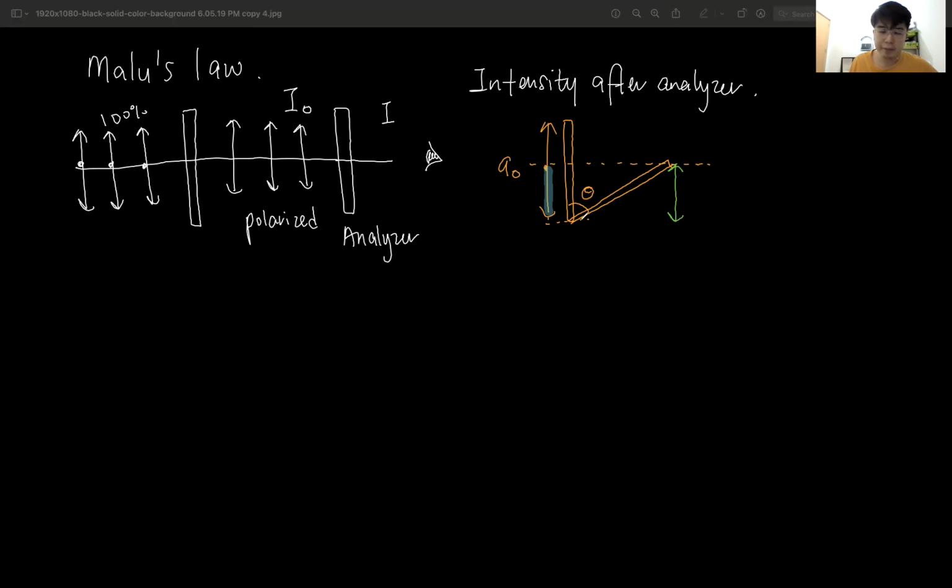Now let's call this amplitude A. That is the one that passed through the analyzer, so we use a different symbol, A. What is this length here? This length is the same as the length of A naught. The angle here is the same as this angle here.